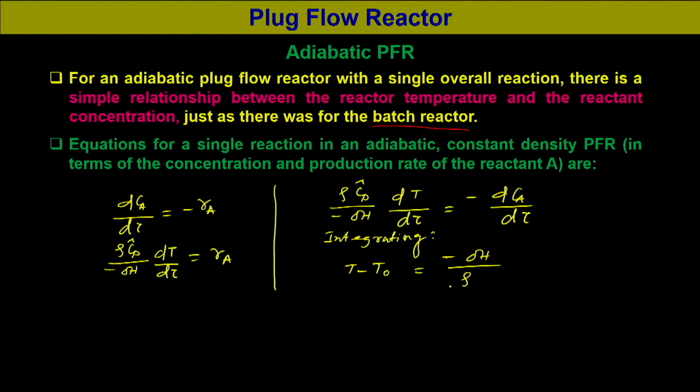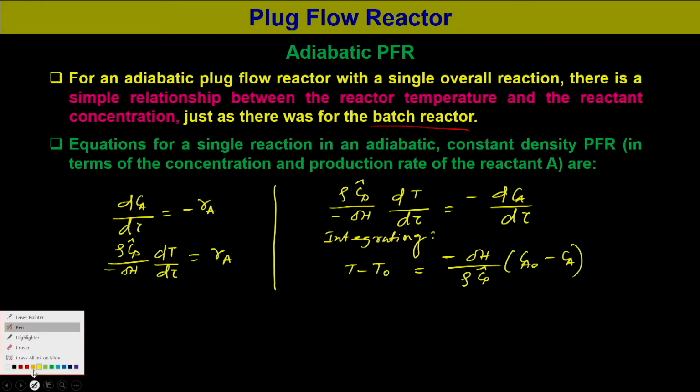we can obtain a simple relationship between temperature and concentration. So, T minus T naught would be equal to minus delta H by rho Cp into CA naught minus CA. So, this is the relation as we have obtained for the batch reactor.